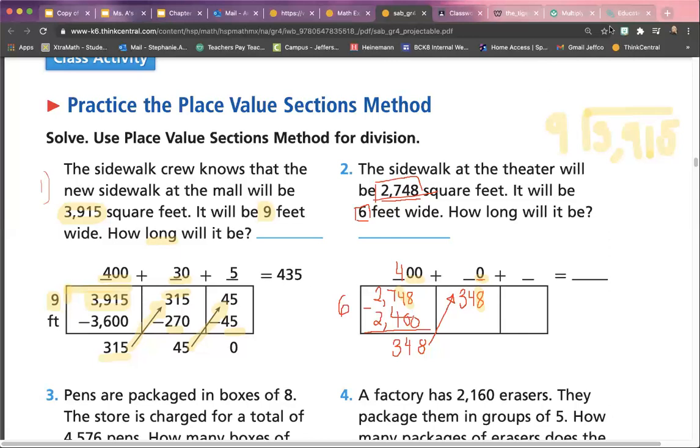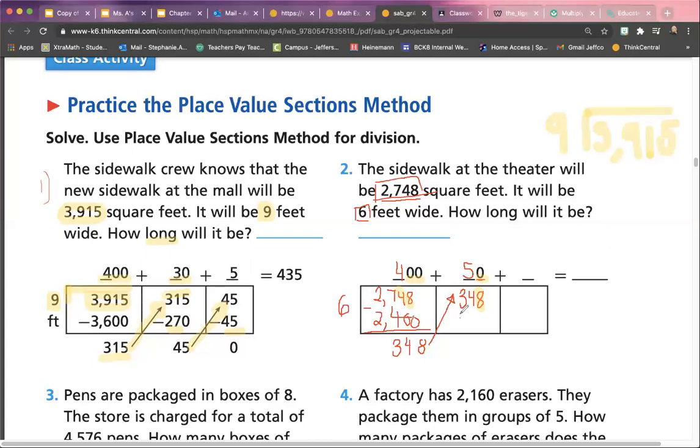Oh, what is it, Adrian? 6 times 6 is 36. So it'd be a little bit too much. So we're going to have to go down a notch. We're going to have to say 5, right? Okay. So Adrian, what is 6 times 5?